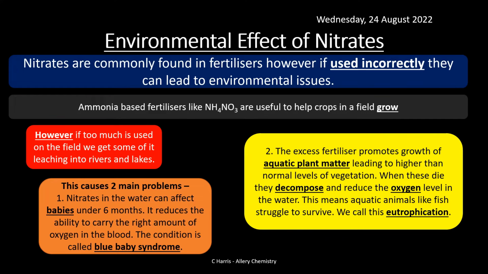The impact of that is they will reduce the oxygen level in the water, because decomposition will use some of that oxygen up. And this means aquatic animals like fish will struggle to survive because there's less oxygen. This process is called eutrophication. A really important process because it can destroy the biodiversity within streams and rivers, which is vital for aquatic life to live. So we've got to be careful on that side as well.